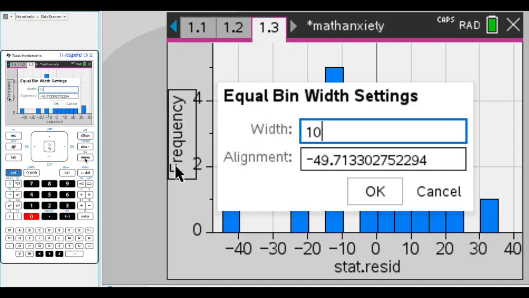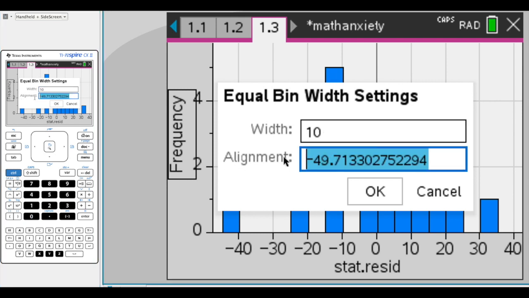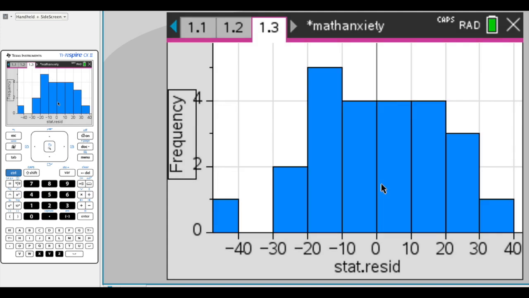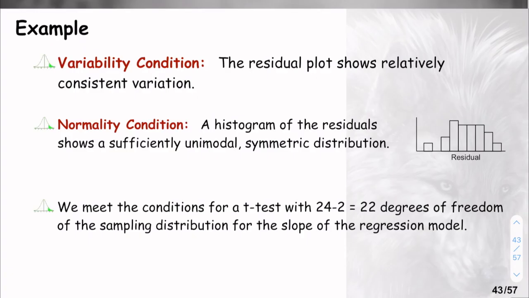We'll make that a little bigger, and our alignment is going to be, let's say, negative 50. You can see that we have a histogram of the residuals that shows a sufficiently unimodal and symmetric distribution, although we do have that one little tail at the far end. So we should identify that there is a gap in the data.